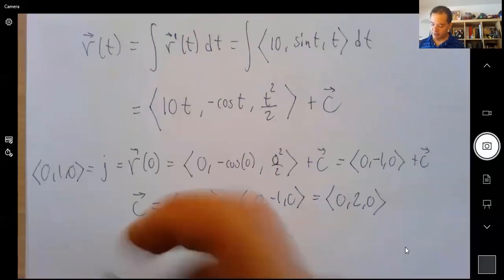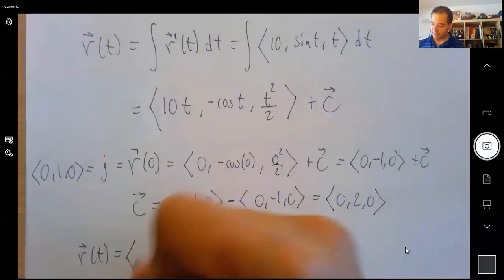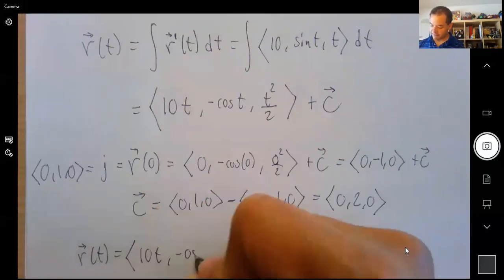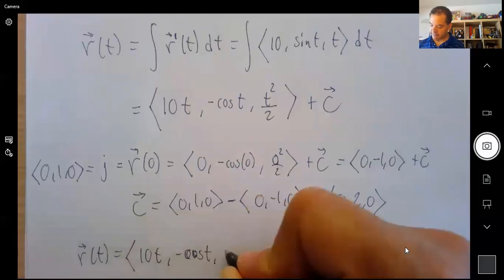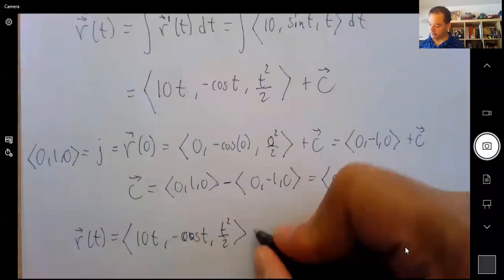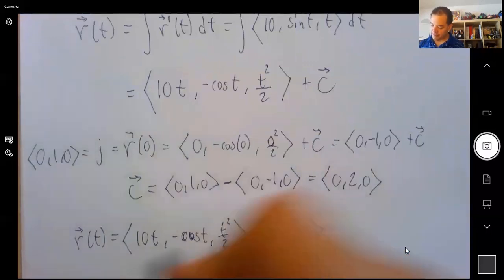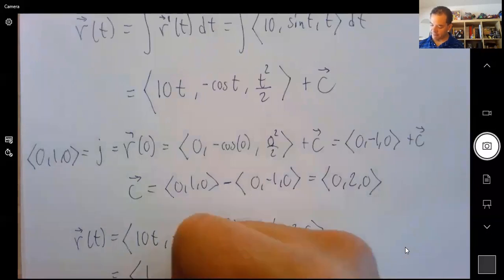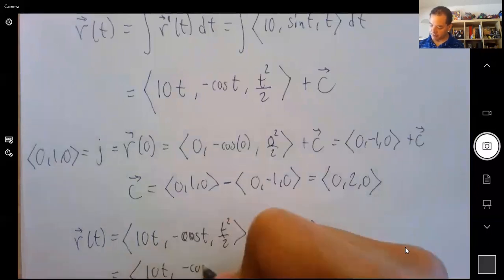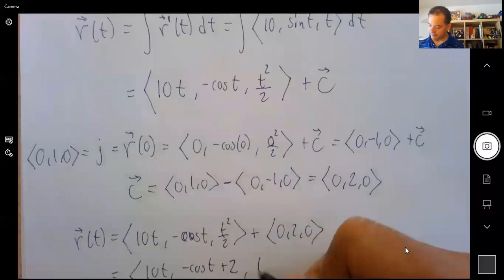So then if you want to write it, the final answer to the problem is the one we had before plus 0, 2, 0. Or if you want, you can write it as a single one like this, 10t minus cosine t plus 2 t squared over 2.